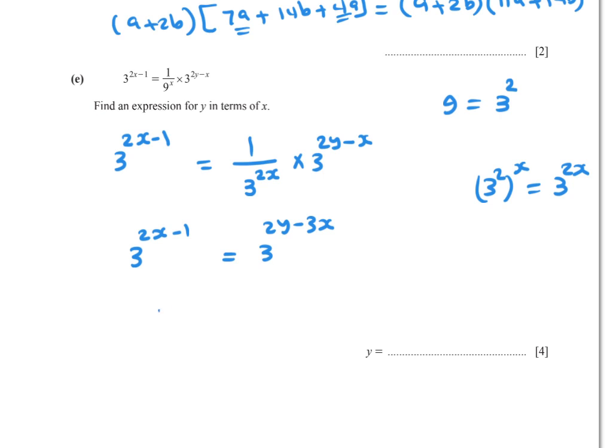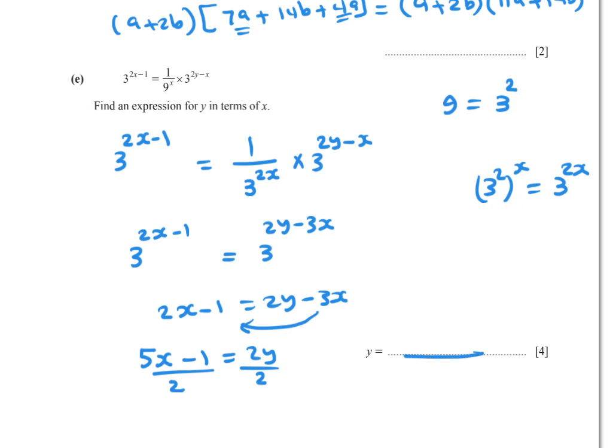So 2x minus 1 equals 2y minus 3x. I need y in terms of x. So you can transpose 3x to the other side as positive. So 5x, because 2x plus 3x is 5x, minus 1 equals 2y. Divide by 2, divide by 2. So y equals (5x minus 1) over 2.